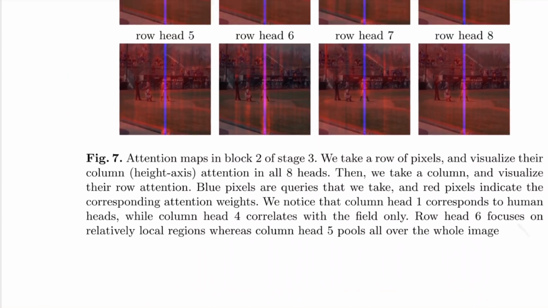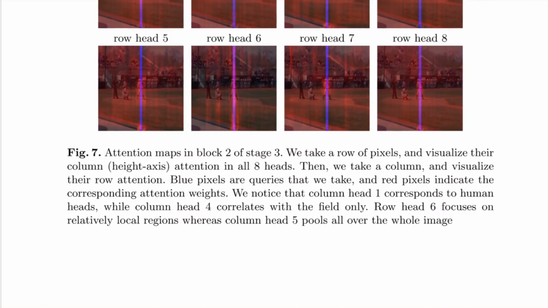Now their description here is that we notice that column head 1 corresponds to human heads, while column head 4 correlates with the field only, which you can interpret like this. This seemed pretty clear. But then they say something like row head 6 focuses on relatively local regions, where column head 5 pools all over the image.